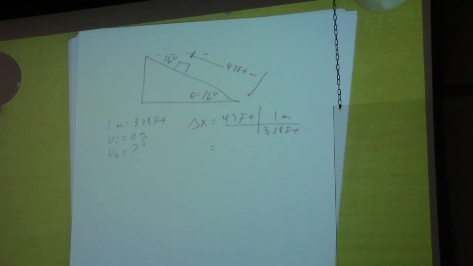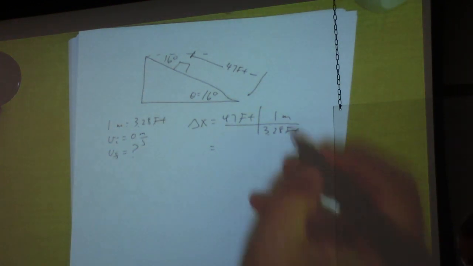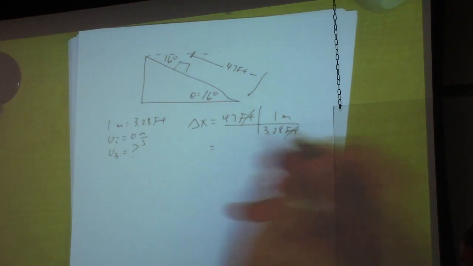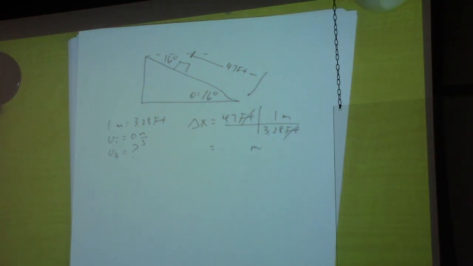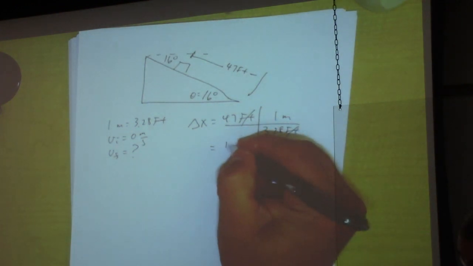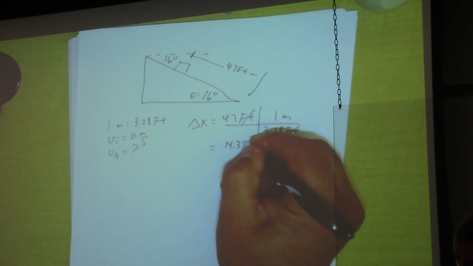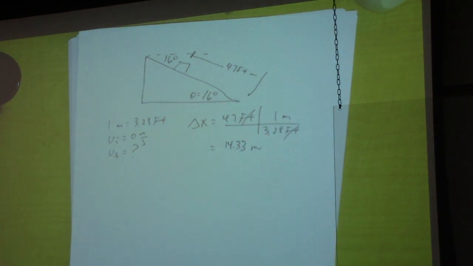So the feet cancel out, and then we're left with meters. So what do we get for that, actually? 14.32, you say? 33, okay, we'll go with that.